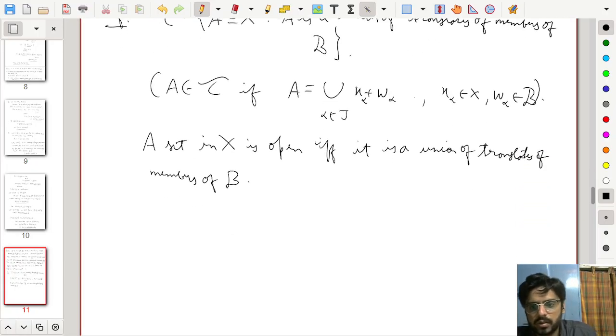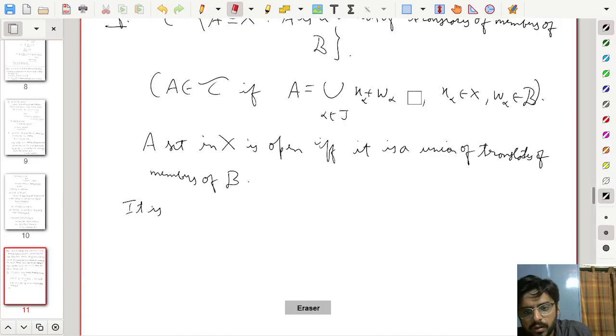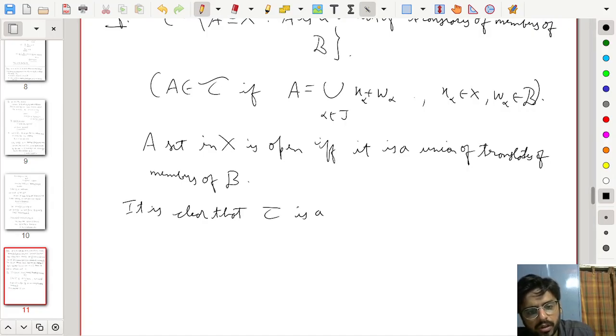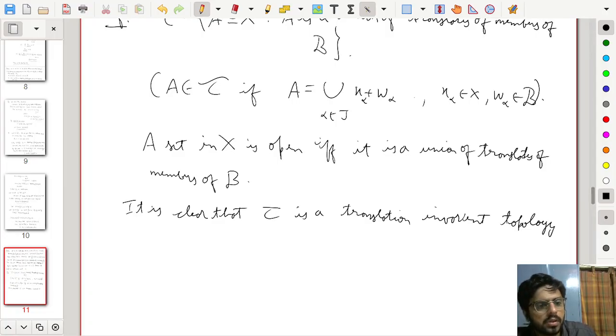So it is quite clear that tau is a translation invariant topology on X, right?